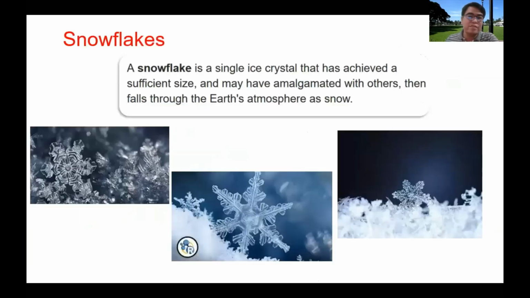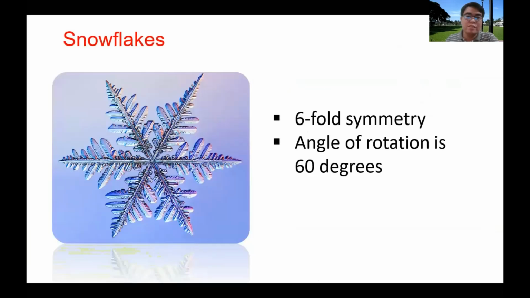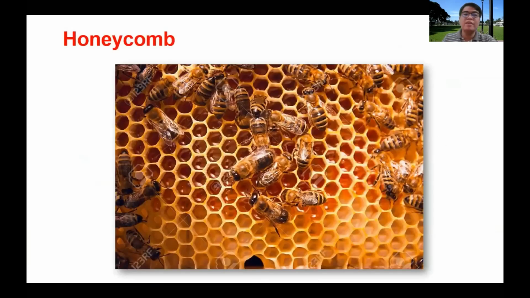The snowflake has a 6-fold symmetry with an angle of rotation of 60 degrees. So again, we could solve the angle of rotation by dividing 360 degrees by the number of fold symmetry a shape is given. So there's this beautiful shape actually, the honeycomb.